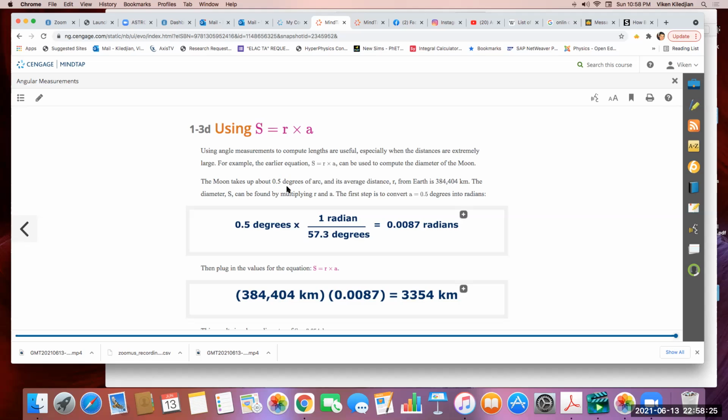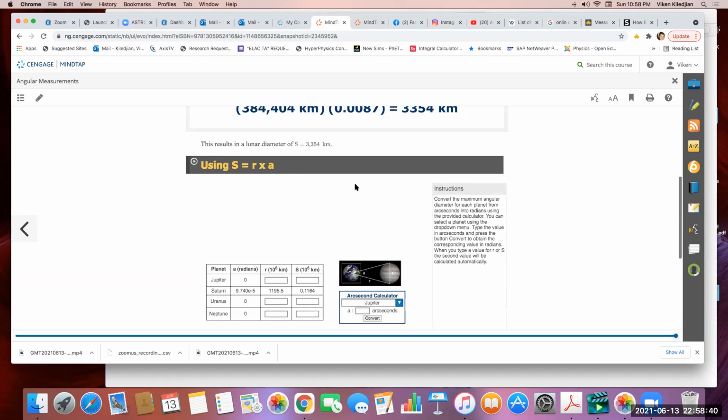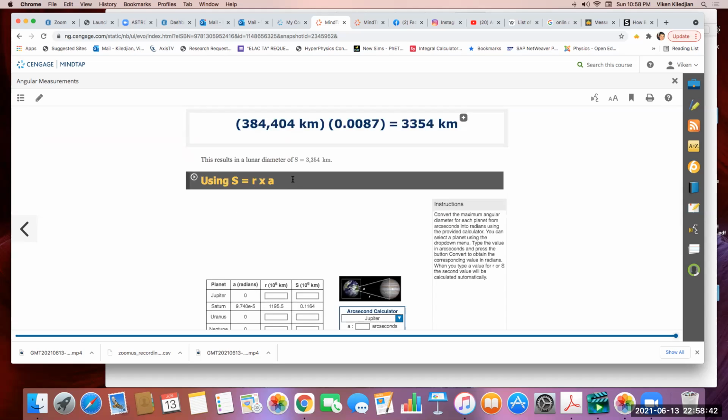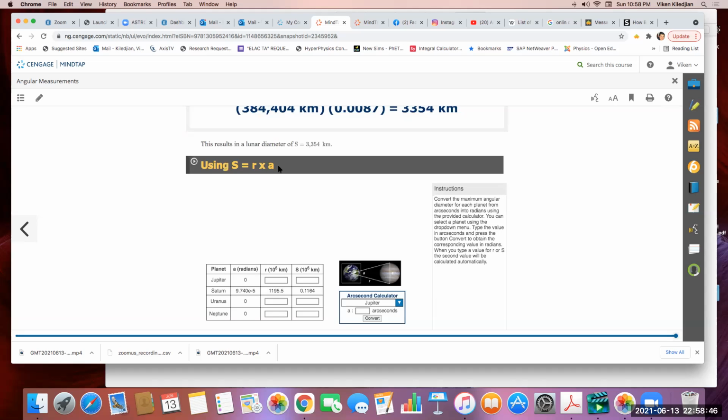So even this angle slightly changes depending on its distance from us. So this is not meant to be an exact example, but it's in the ballpark. So now the result is the lunar diameter S.